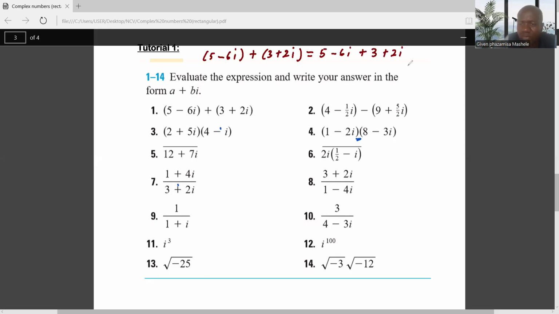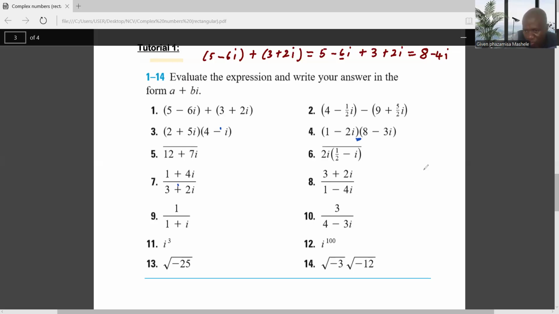So we can write this in standard form by grouping the like terms. So we have 5 plus 3, this gives us 8. And minus 6i plus 2i, this gives us minus 4i. So you can easily see that this is in the form a plus bi.